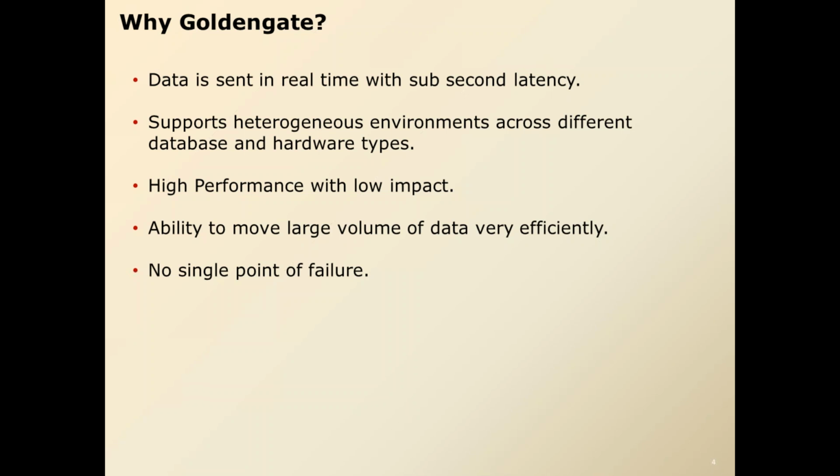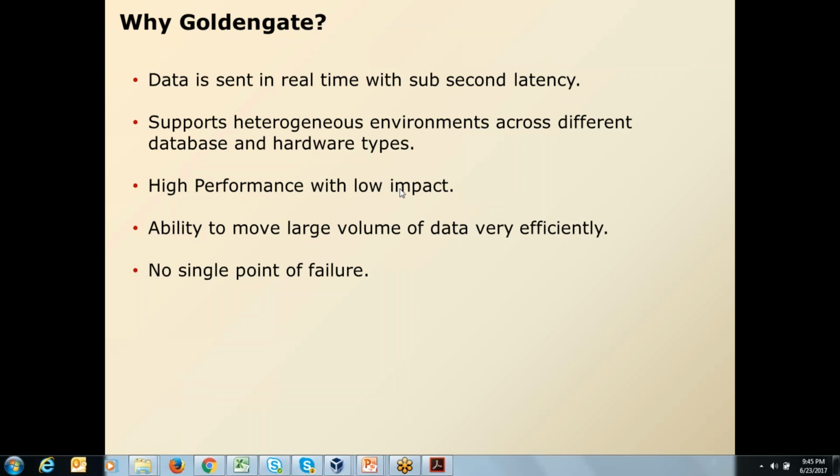So Goldengate has some impact on the source database, but it is very minimal. Goldengate has the ability to move large volumes of data very efficiently. It can move your blobs and large objects very easily and efficiently as well.